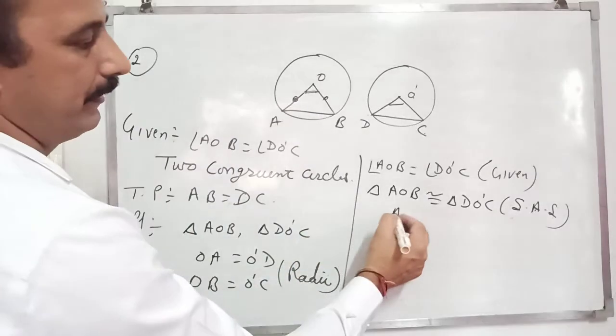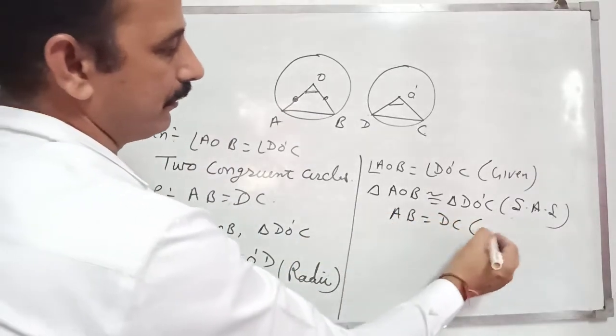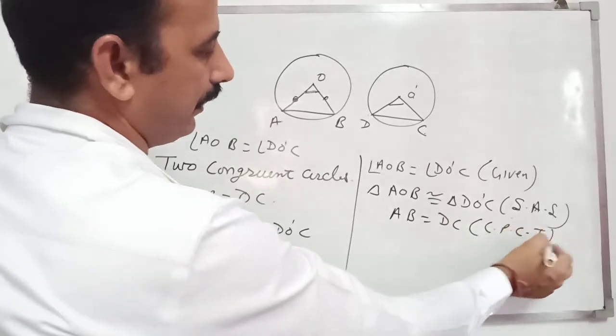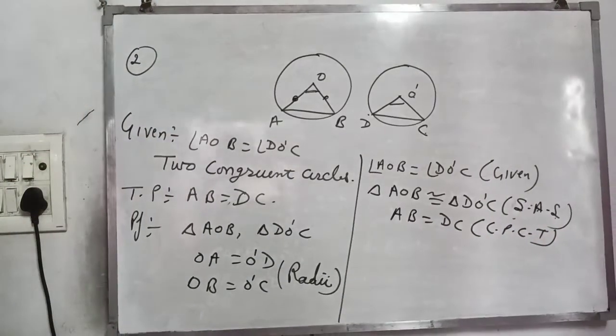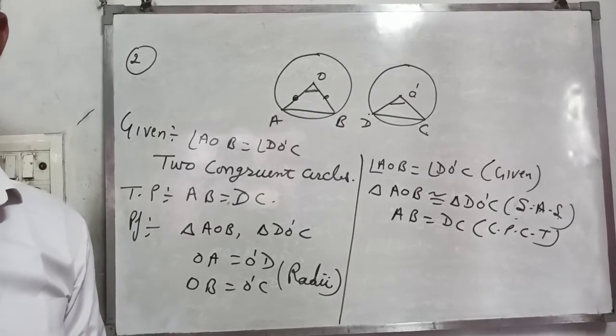So by CPCT, AB equal to DC, corresponding parts of congruent triangles, right?